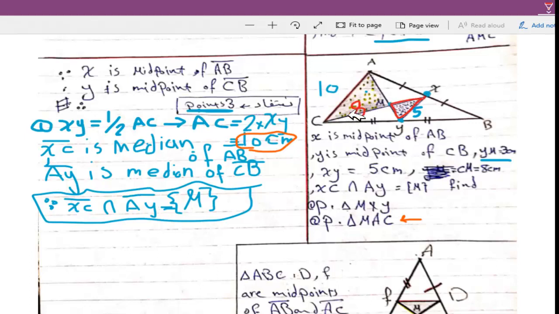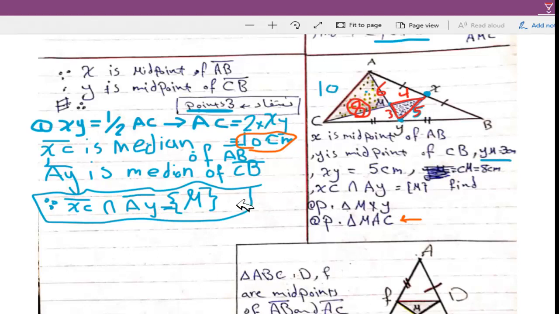This is a long part and the smallest part is half, so this will be 4, right? And MA we found it equals 6 centimeter. MY he already said is 3, so 3 plus 5 plus 4.